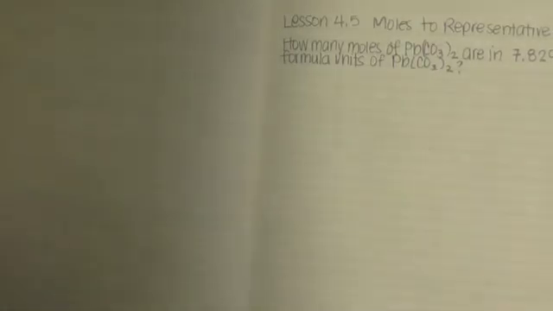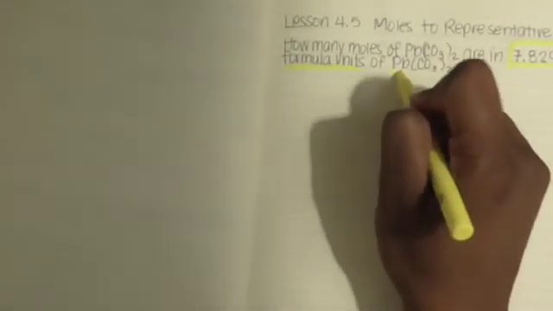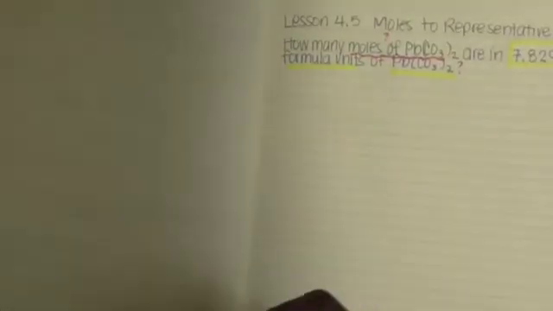we have our question, how many moles this time? And they have given us the formula units. So this is our known. And this time they want to know the number of moles.